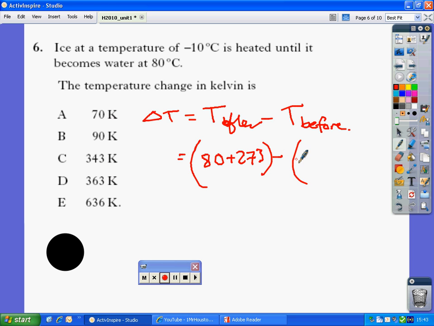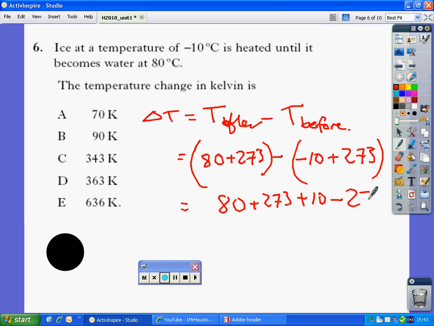Subtract the temperature before, which is minus 10, but add 273 to convert it into Kelvin. So we get 80 plus 273 minus 10 makes positive 10. Minus times positive is minus 273. The 273s cancel out, and I get a value equal to 90. B is the correct answer.